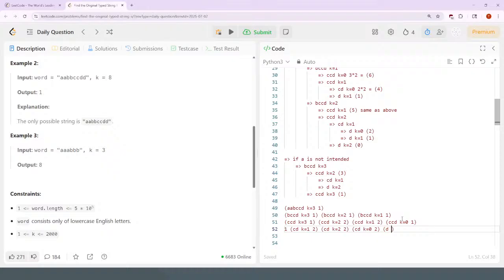Then it should be DK equals 1. And then this last one, that just ends up being 3 times 2, which is 6.